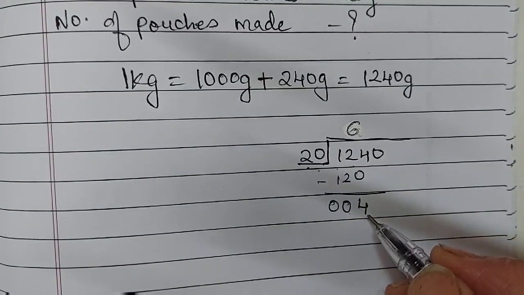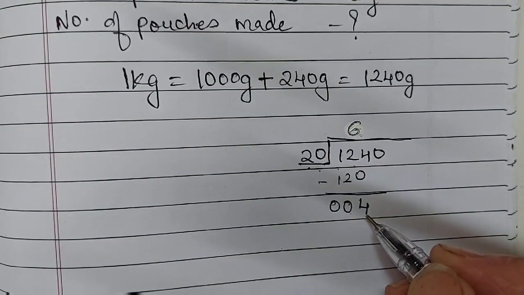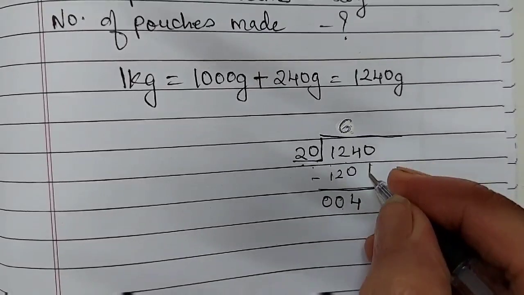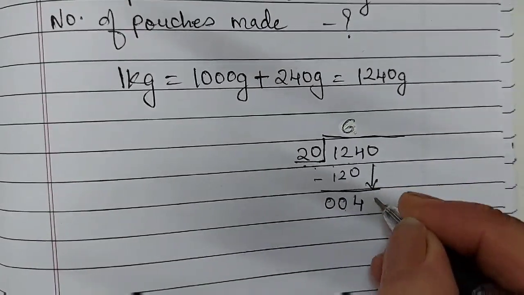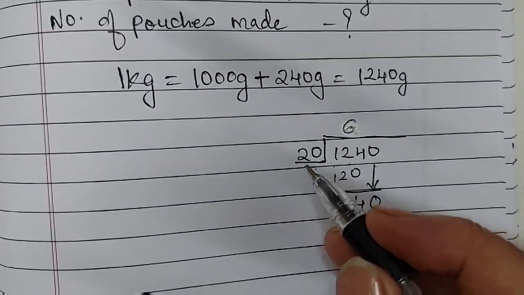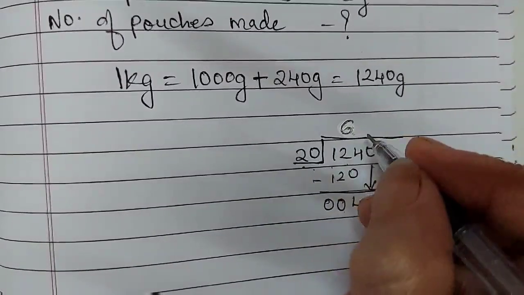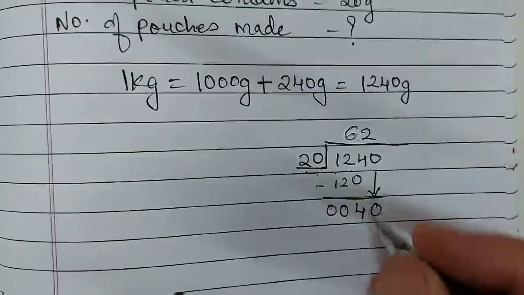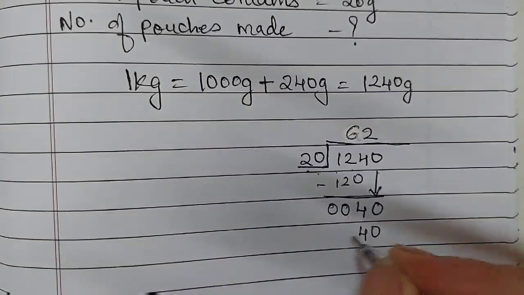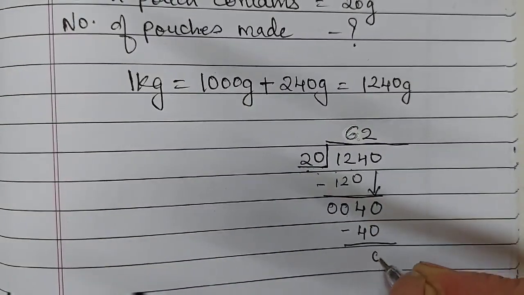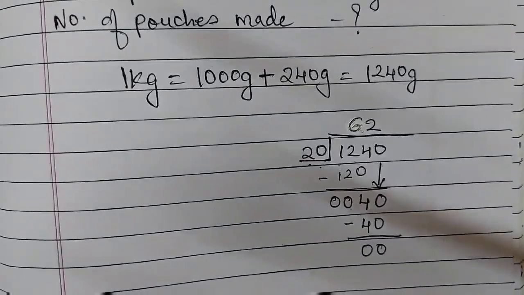So now what did you bring down? You got 4. Now you have to bring down 40. Now say the table of 2, 20 till 40, that is 20 twos are 40. 40 minus 40 is 0.